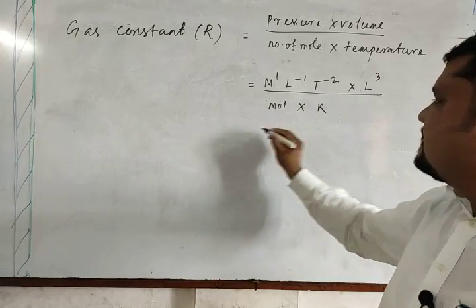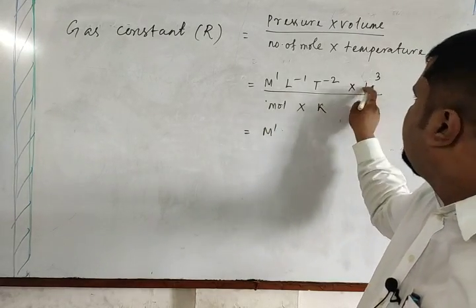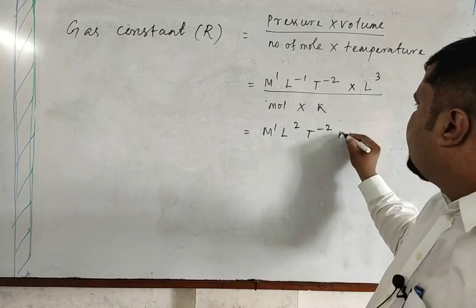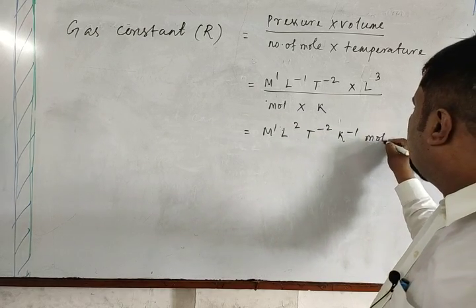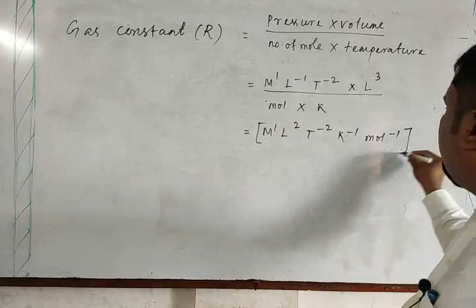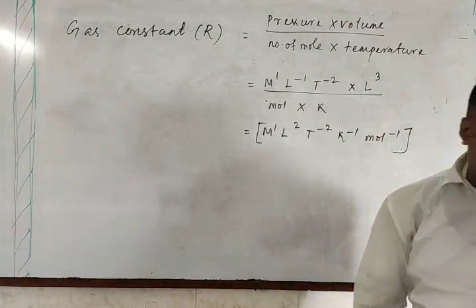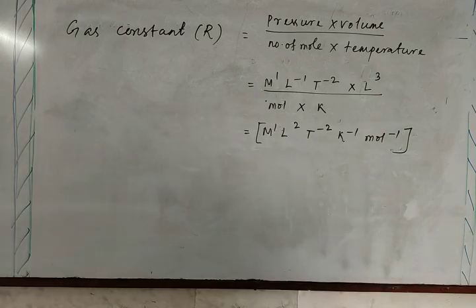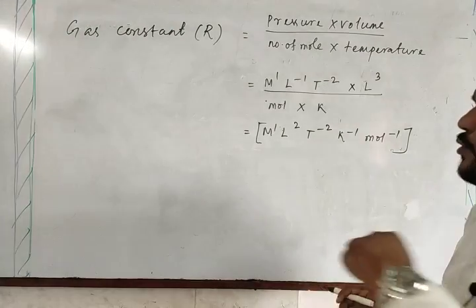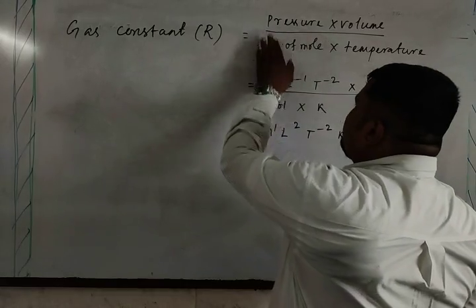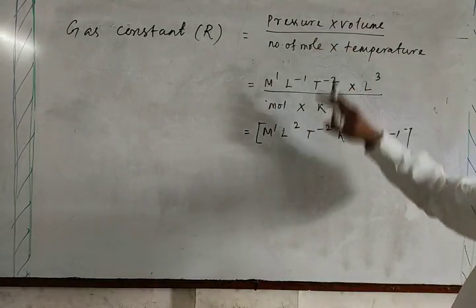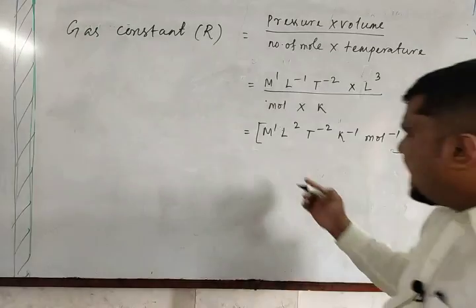Temperature is Kelvin. So this is equal to M1 L2 T minus 2 K minus 1 mole minus 1. This is the dimension, and it involves all five. Suppose you take 1 mole, then you erase the mole. Here I have taken n number of moles.